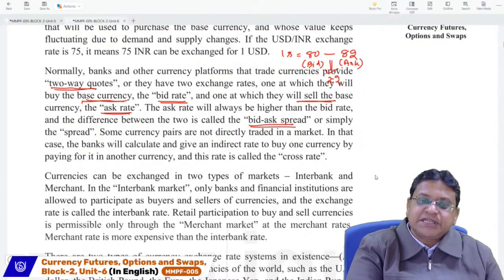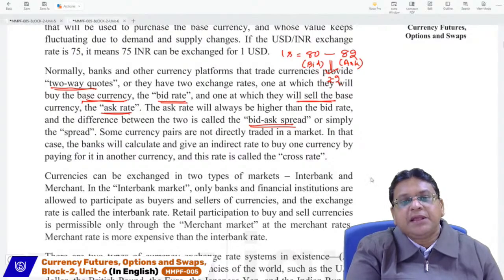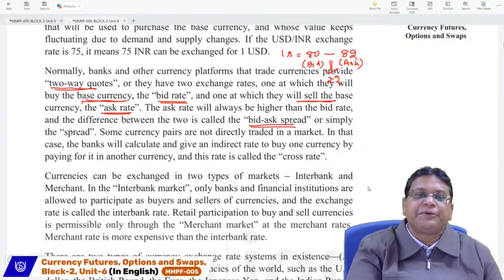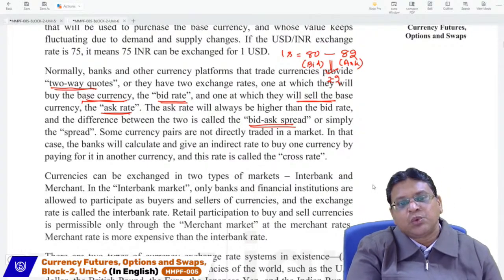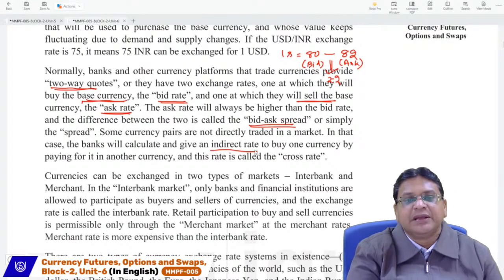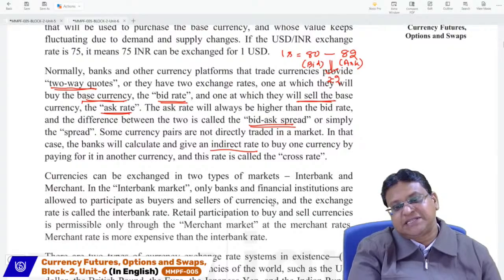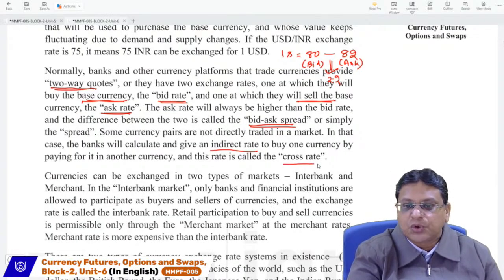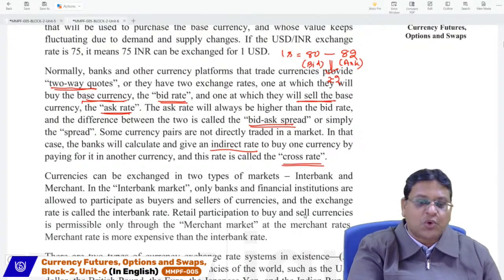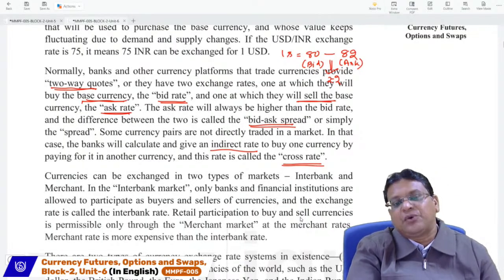Sometimes the currency value is directly found, but sometimes we cannot have the direct value of a currency. In that case, we have to calculate the exchange rate in an indirect way by taking a third currency as base, and that rate is known as cross exchange rate. So cross exchange rate is calculated with the help of a third currency.